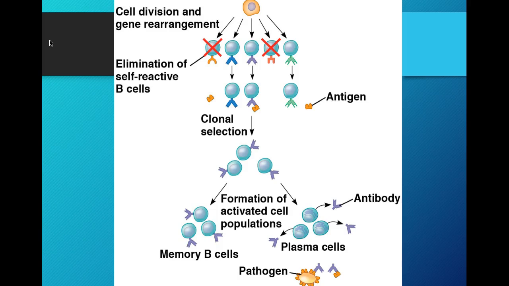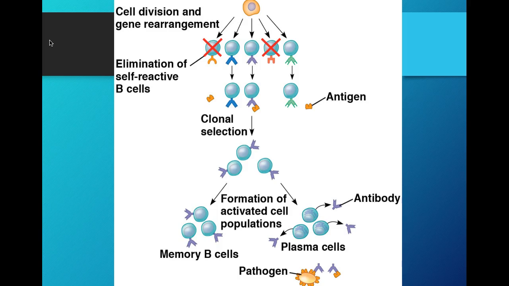Again, for whatever reason, they will attack each other based on their antigen receptors, so they have to be programmed for cell death. Then there are antigens out there that are able to bind to that antigen receptor.